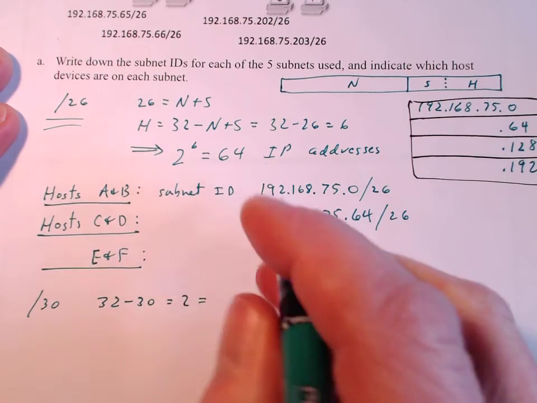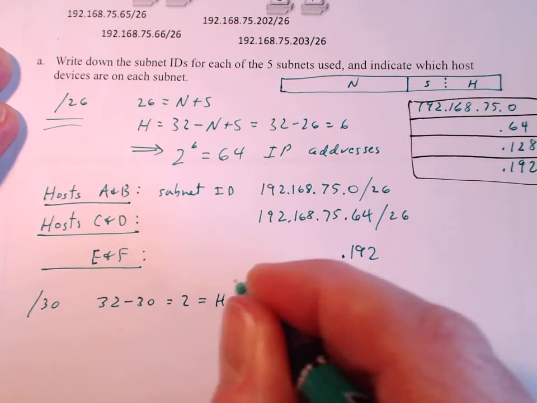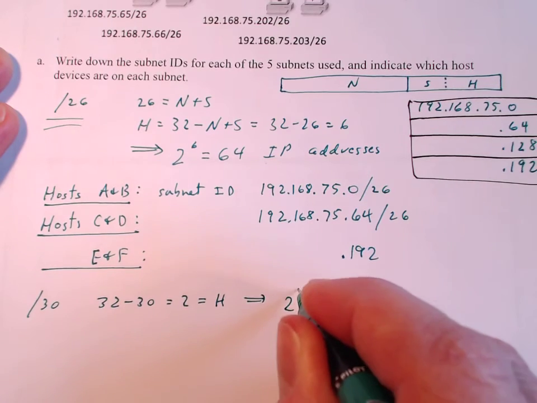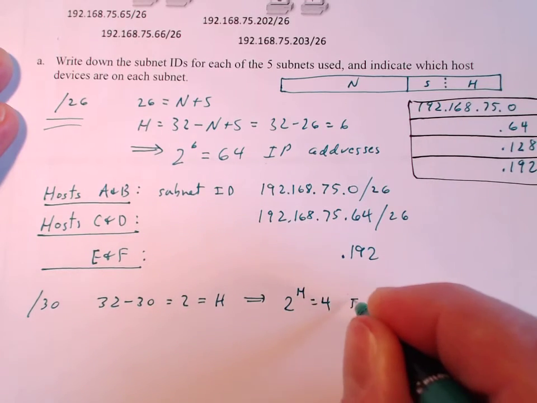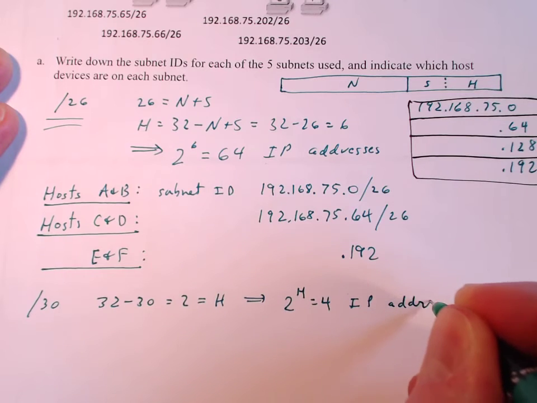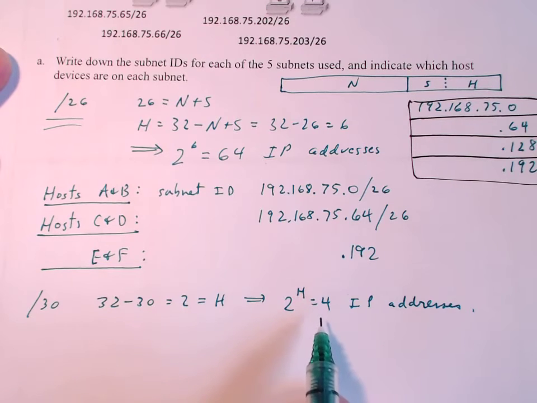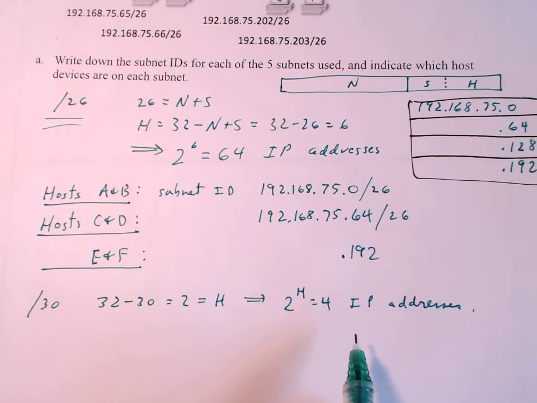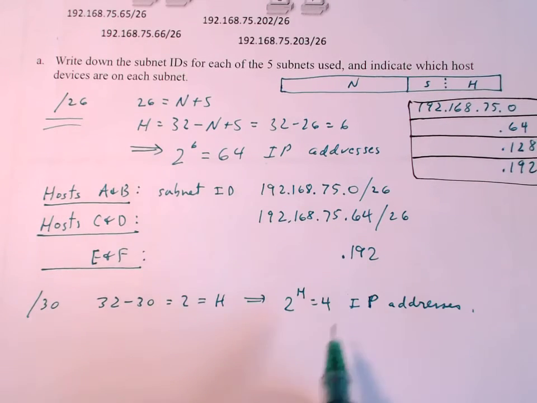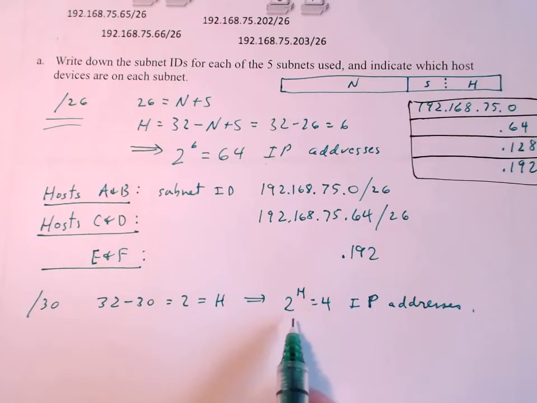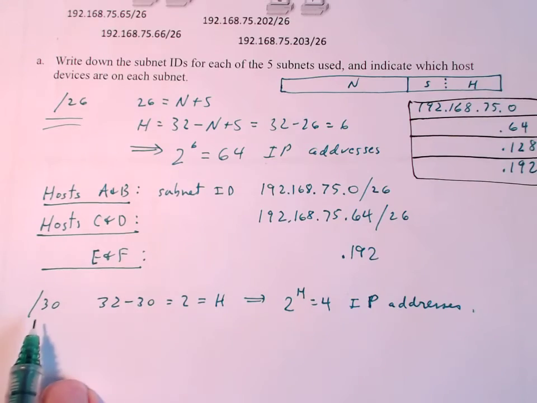In other words, that's equal to H. In other words, 2 to the H, or 4 IP addresses. So this is the smallest sort of practical subnet because 2 of the IP addresses are used. One is used for the subnet ID, the second one is used for the broadcast address. So there's really only 2 addresses that are usable by hosts in a /30.